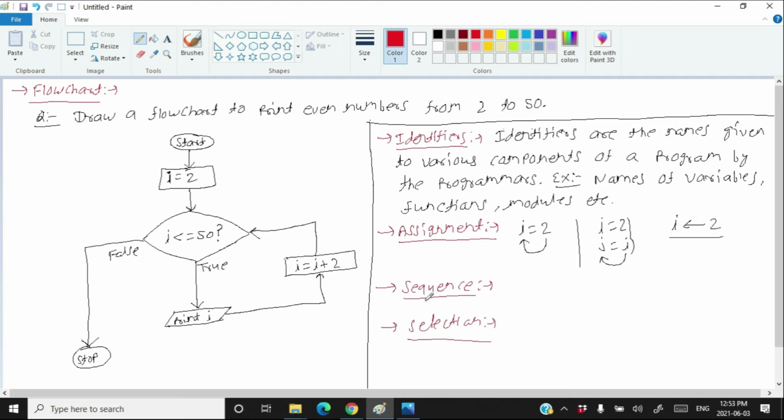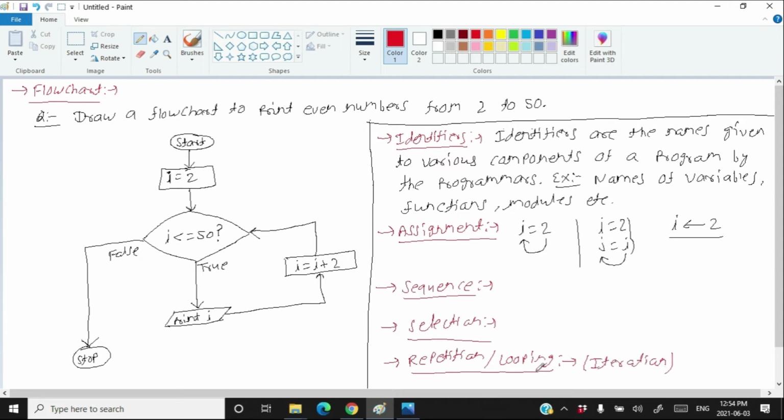So the other definition here is repetition or looping. When you repeat something until a condition is satisfied, then this is called repetition. So here in the flowchart, you can see we have repetition. Repetition is also called iteration.